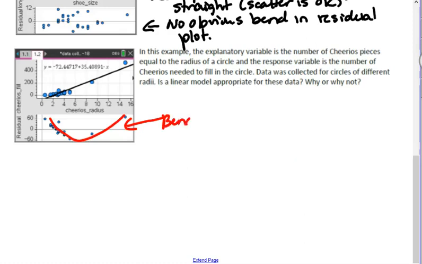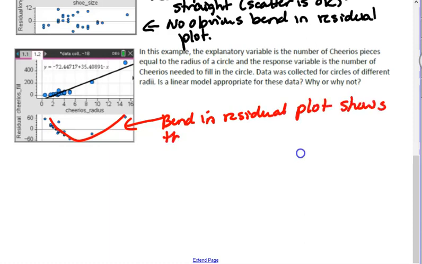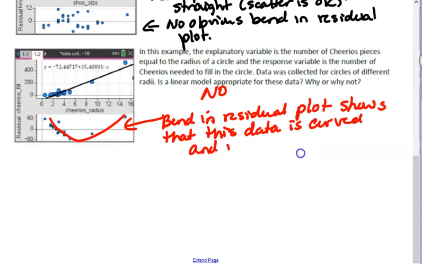So the bend in the residual plot shows that this data is curved and not linear. So I would say no, not linear.